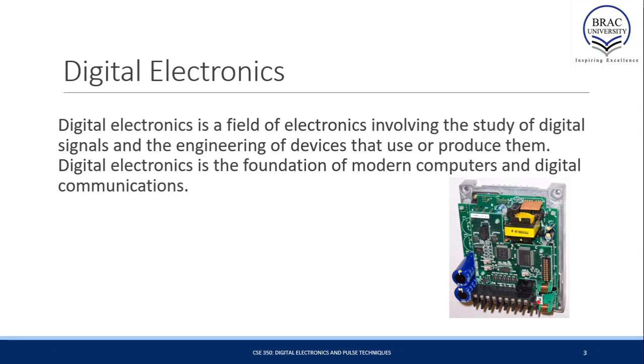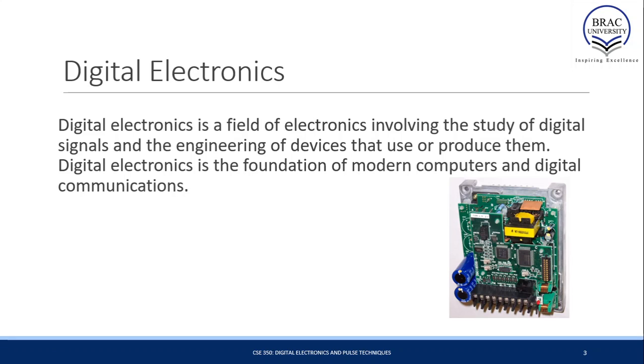In order to know how digital systems work, it is essential to learn the basic principles of digital electronics. This is a field of electronics involving the study of digital signals, and engineering of the devices that produce them. Here by digital signal we mean the physical representation of abstract binary data, containing just ones and zeros.